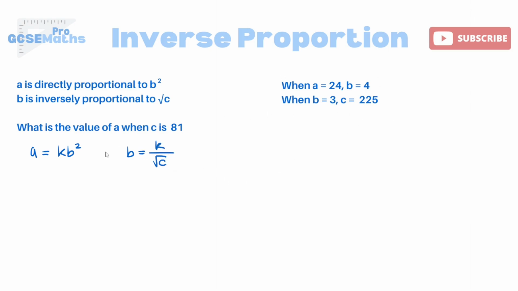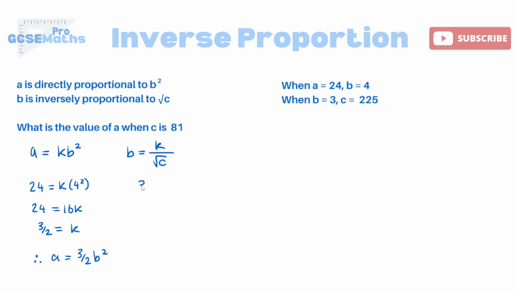We're going to use our matching pairs, so a is 24 when b is 4, and obviously square it. If I were to work that out, that would give me 16k is equal to 24. Divide by 16, I get 3/2, or 1.5. So that formula is actually a is equal to 3/2 b squared.